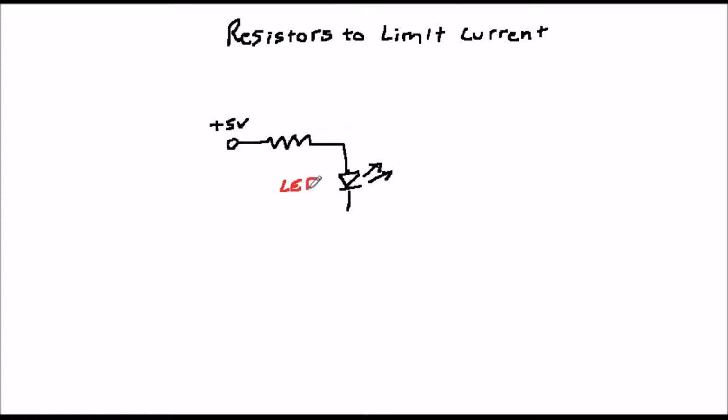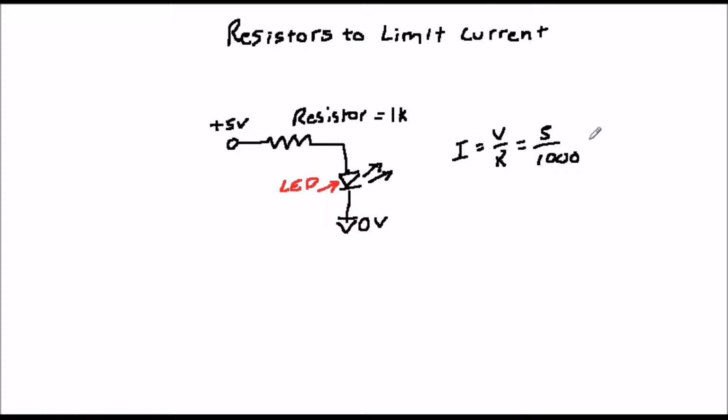A light-emitting diode, or LED, is a small device, a type of diode which we'll cover later on in the course, which is designed to emit light. If we try and connect it straight to a battery, however, since it has very little resistance itself, we might end up burning it out. So a resistor is often put into the circuit to limit the current flowing through it. In the example below, to, for example, 5 milliamps.